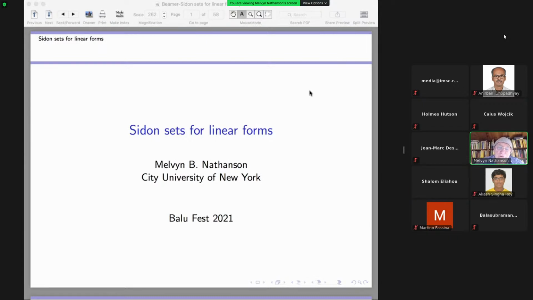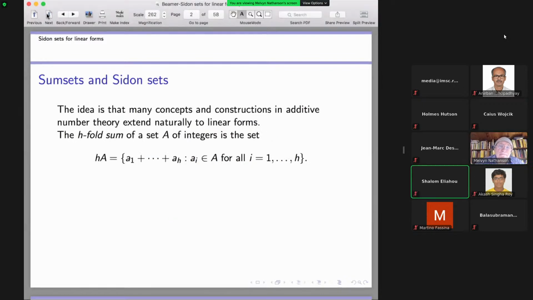Sidon sets have been mentioned already in this meeting. The idea here is simply that many of the concepts and constructions in additive number theory extend in a natural way to linear forms. The central object in additive number theory is the h-fold sum of a set of integers.